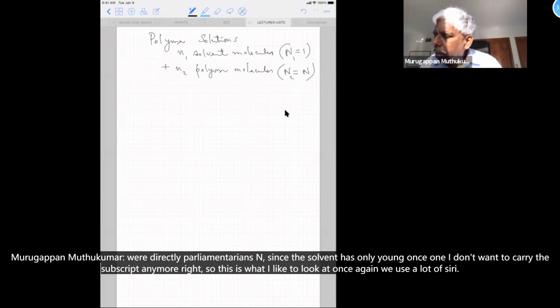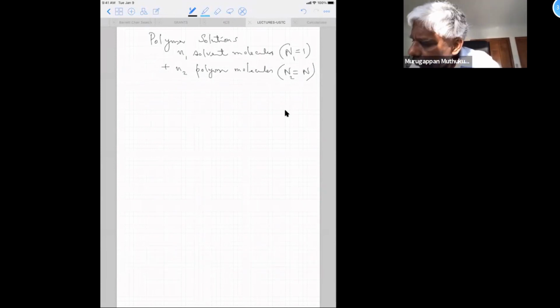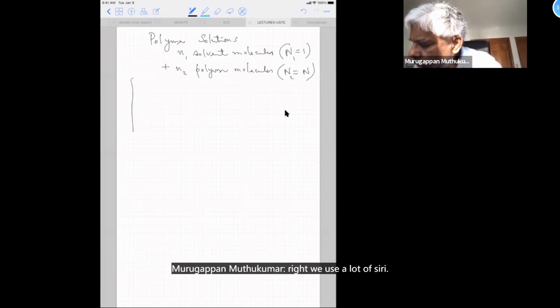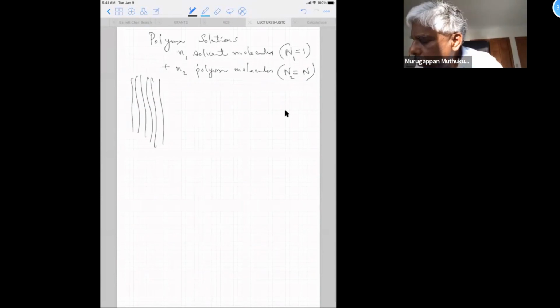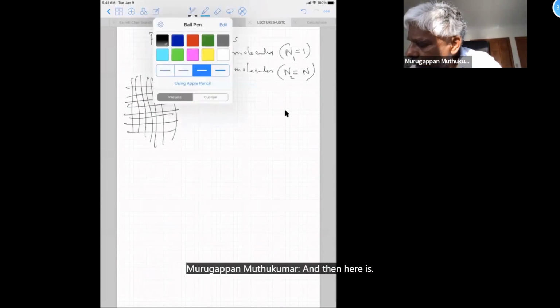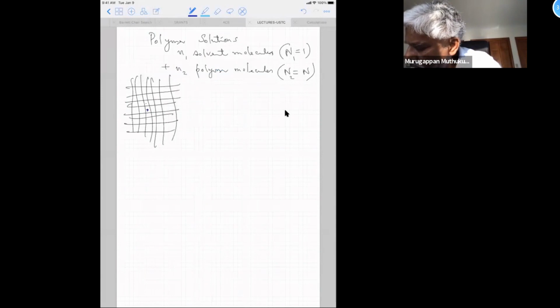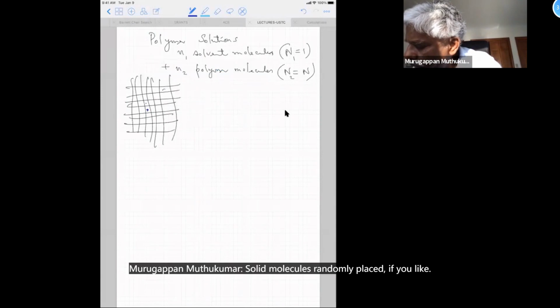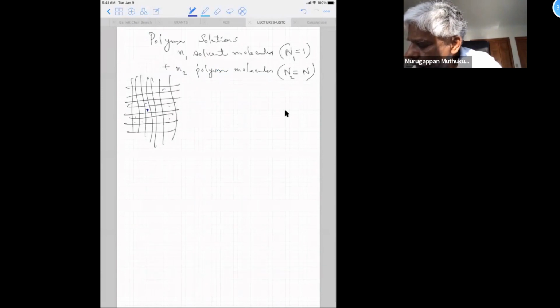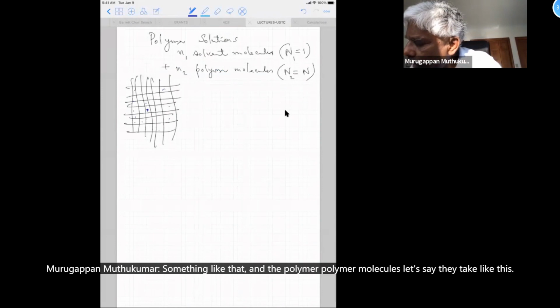Once again, we use a lattice theory, right? We use a lattice theory. And then here are solvent molecules randomly placed, if you like, something like that.